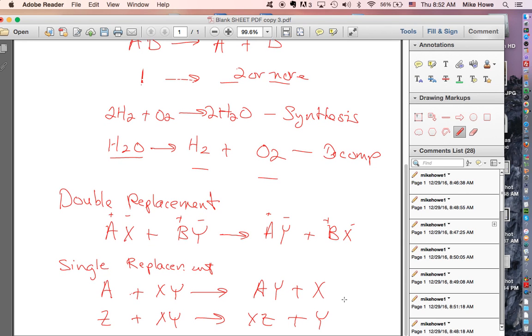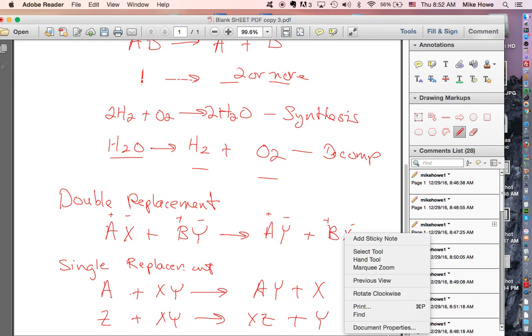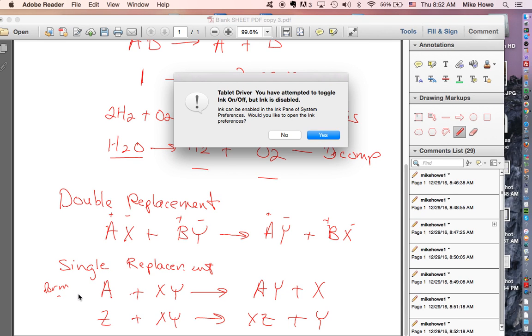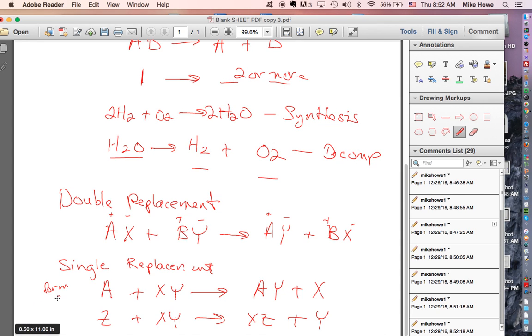Now, what is potentially a little bit confusing about single replacements is that in a single replacement, if element A is a cation, it would form a cation. What kind of things form cations, by the way? Metals or nonmetals?